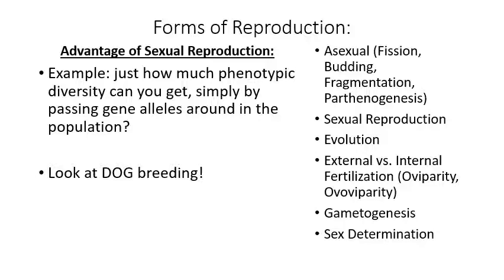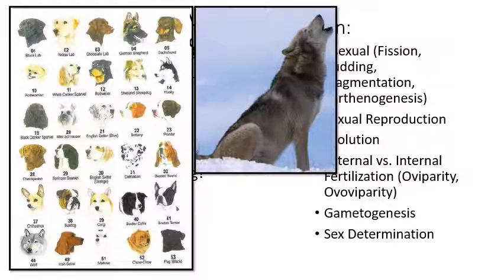So the best way I can think of to show you how that works is by dog breeding. So let's take the example of dog breeding. These are all the different strains of dogs that we've created. These are all the same species, but they all have a very different appearance because people selectively bred.